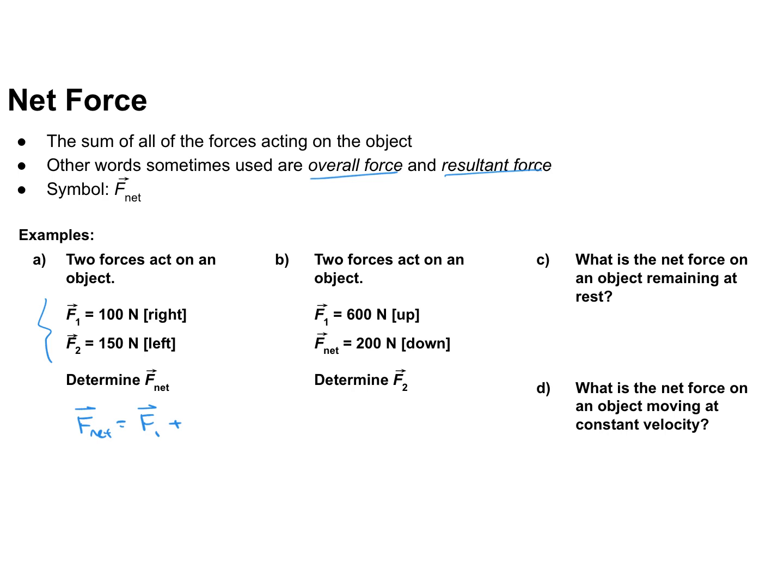The net force is adding these two together: 100 newtons right plus 150 newtons left. When you add those together, the left force wins by 50. And so the overall is going to be 50 newtons to the left.